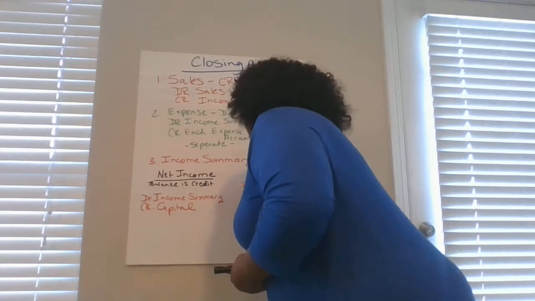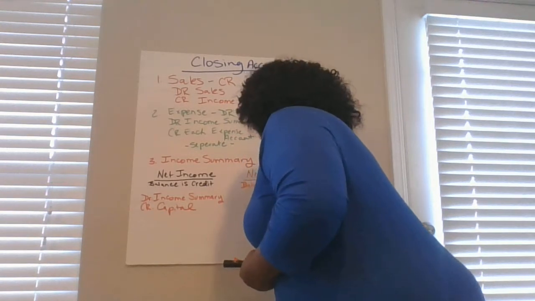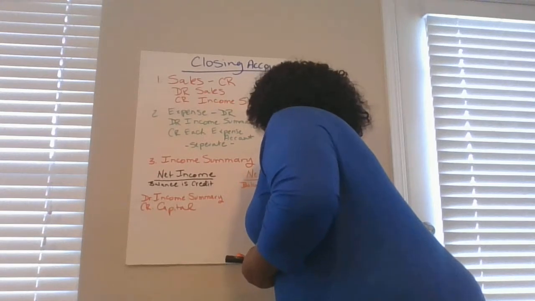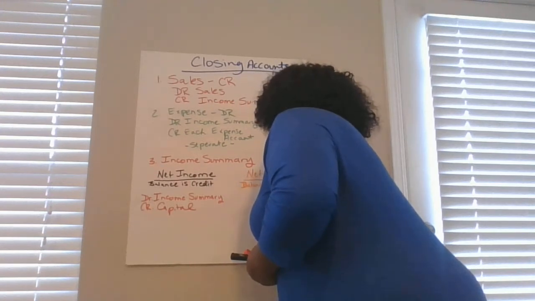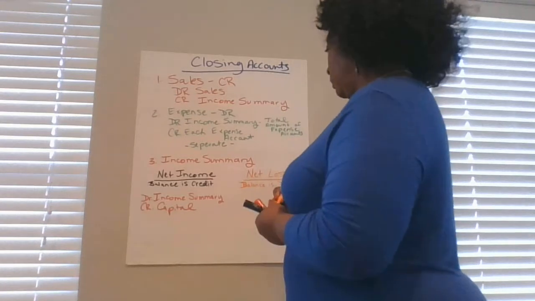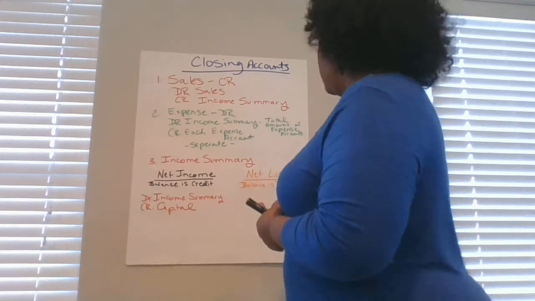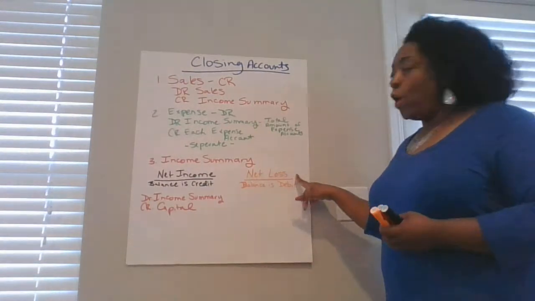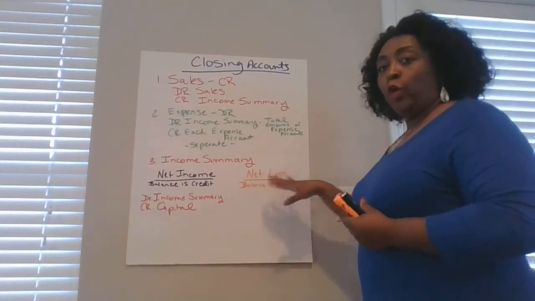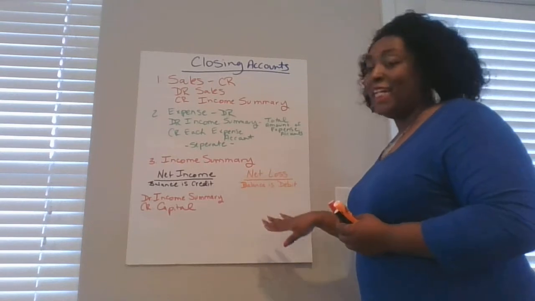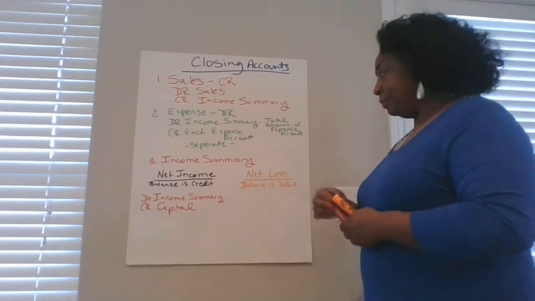So that means that it would be a debit balance for the income summary. So in order to close it, we would credit income summary and then debit capital.